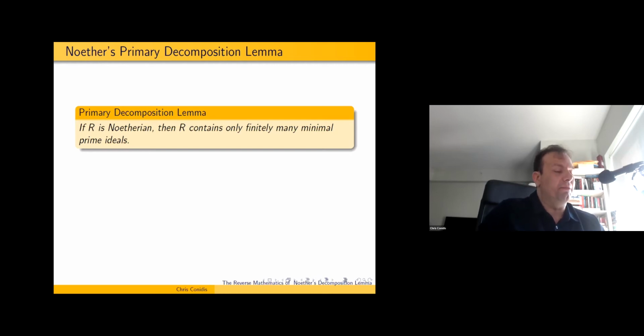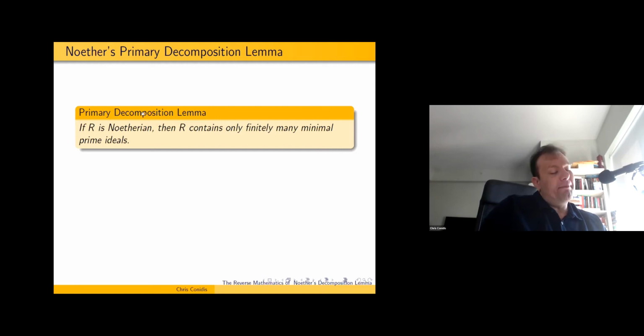But I'm calling this the lemma because, especially from a reverse math point of view, at least the way it's looking to me right now, this is the key lemma. I'm on my way to proving that the strength of the primary decomposition theorem is the same as the strength of this lemma, so this is the key in terms of the reverse mathematical strength, in terms of somewhat the combinatorics, let's say.